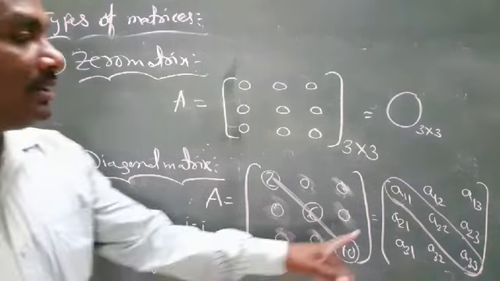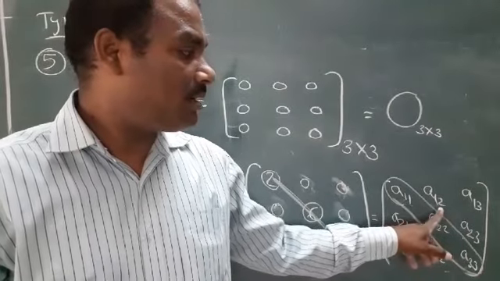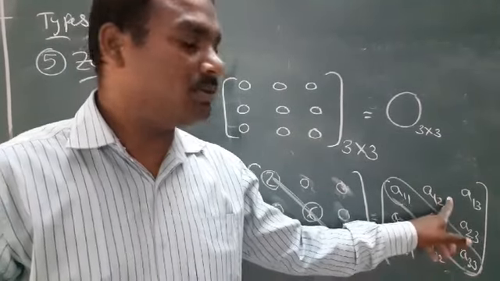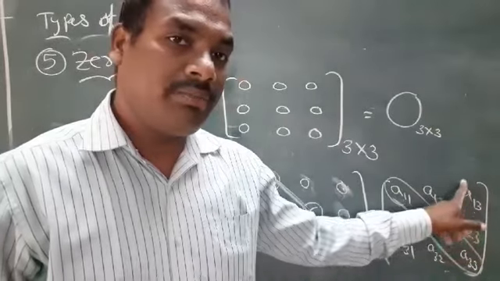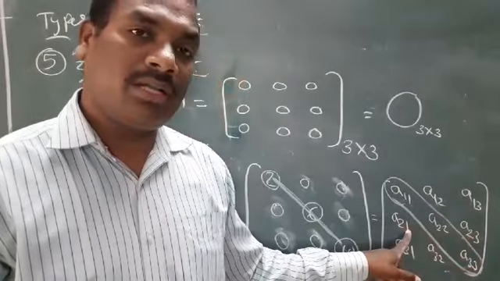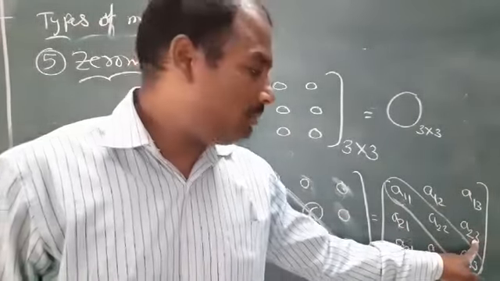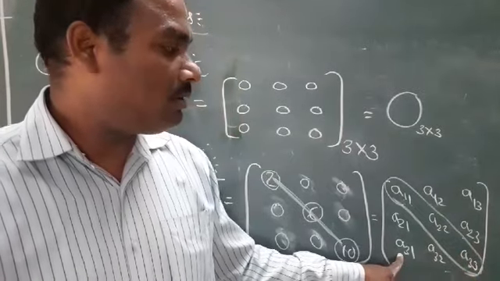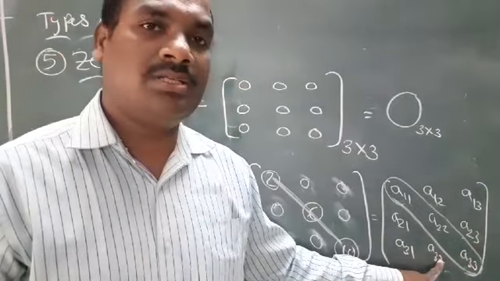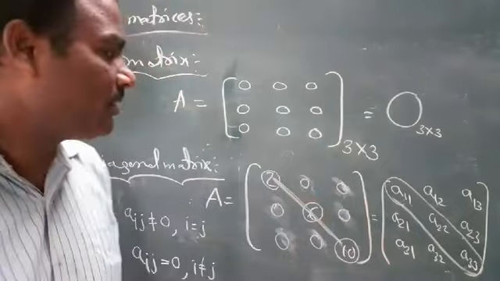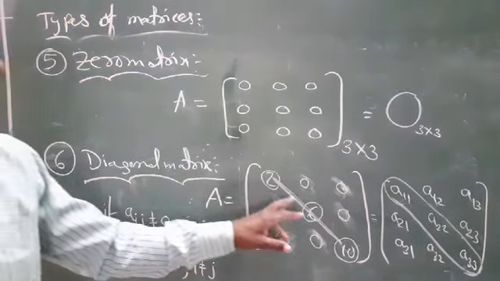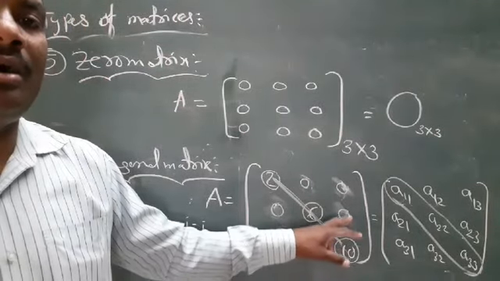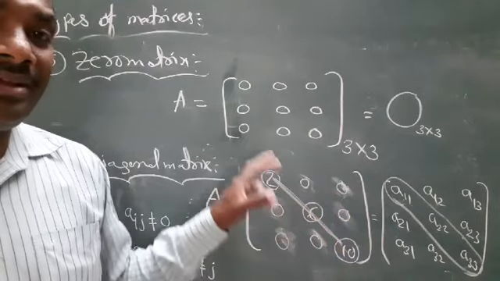Observe here, this is i, this is j. These are not equal, but the element is 0. Simply we can say that in a diagonal matrix, the diagonal elements are non-zero and the remaining elements are zeros.